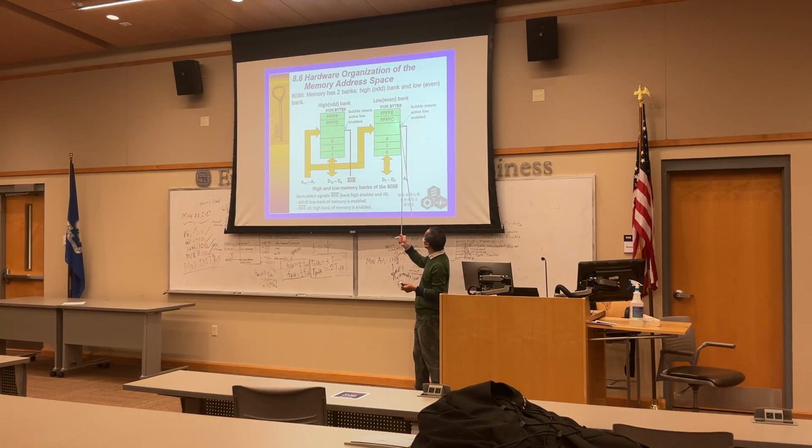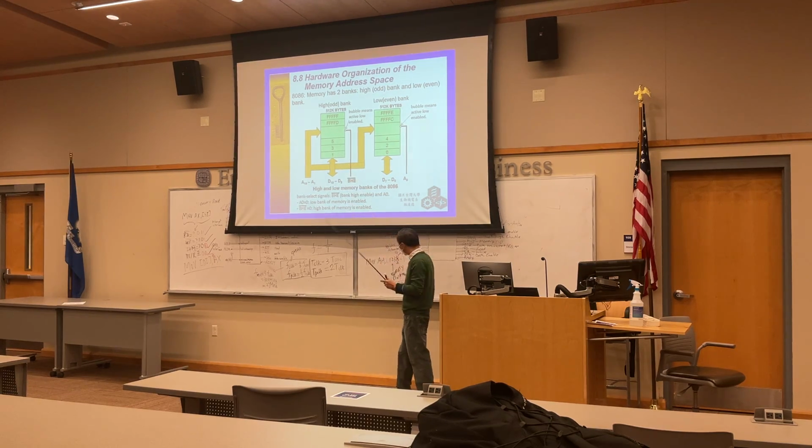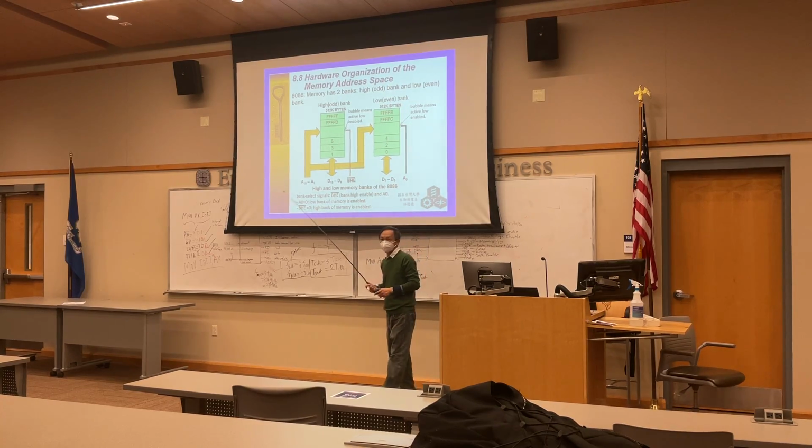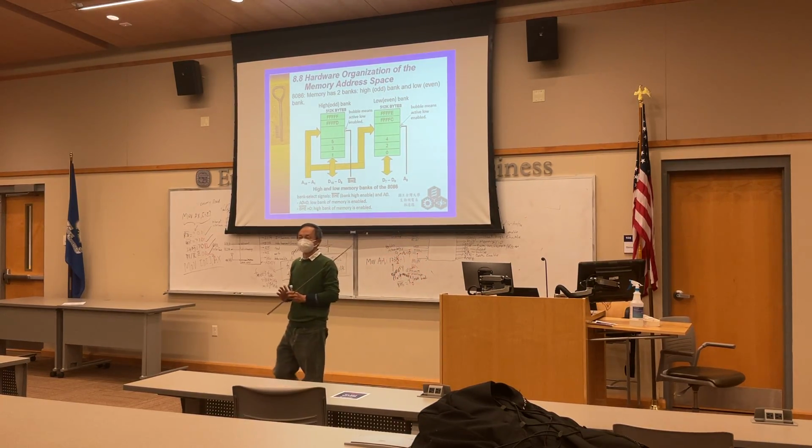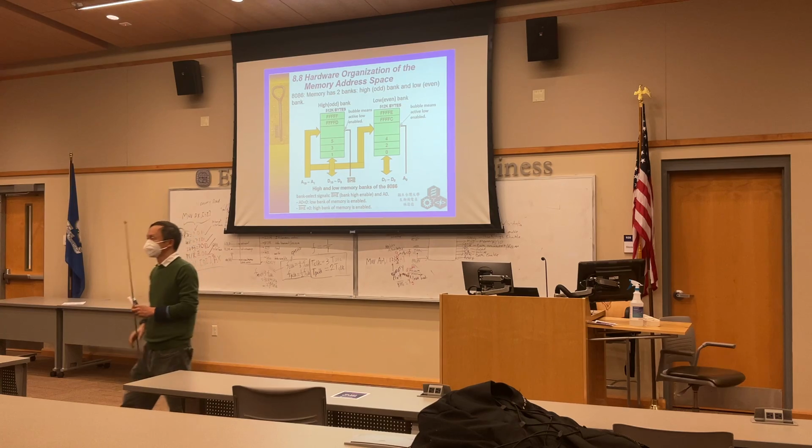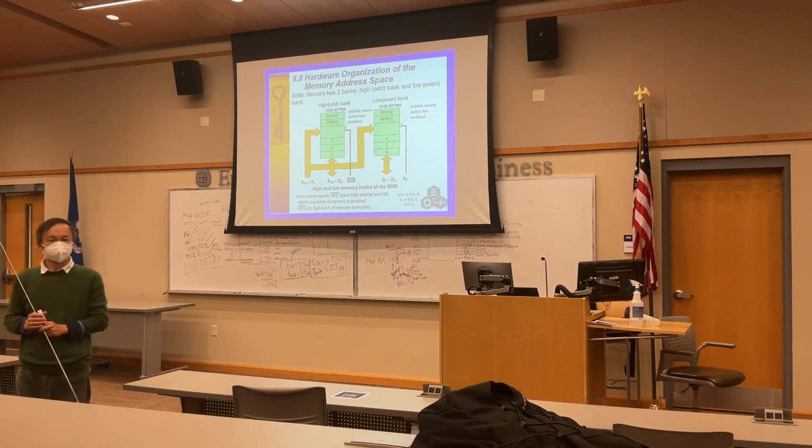A0 is 1, which means disable the lower bank, because your data is actually in the higher bank. In this case, we should enable BHE bar. Is this okay? Any questions?